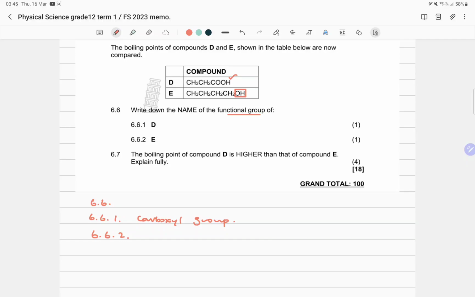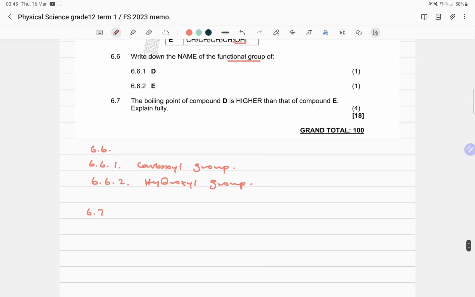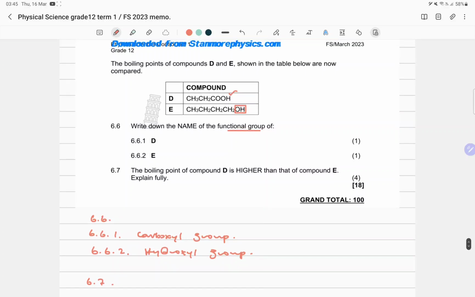Okay, compound E. Now that is the hydroxyl group. Okay, easy. And then now it says 6.7. The boiling point of compound D is higher than that of compound E. Fully explain.